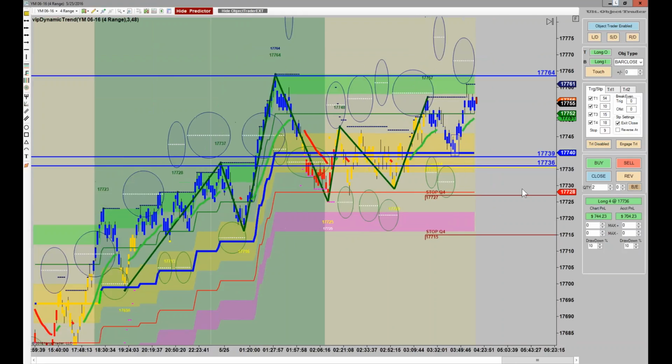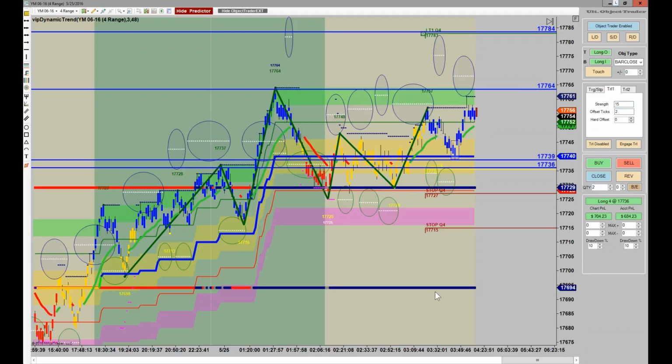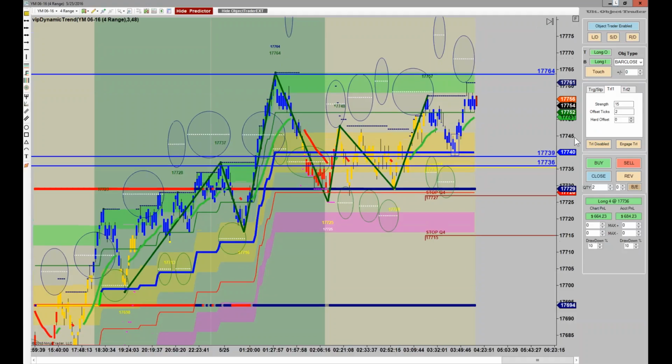But this particular way of trading right here, you'd of course have to wait for your stop to naturally show up here. But you can even turn, let's see, yeah, you'd have to actually use this one here, and it would have to be a swing strength of 15. And let's see if it would draw it right. I'll just hit, yeah, it's drawing it right.